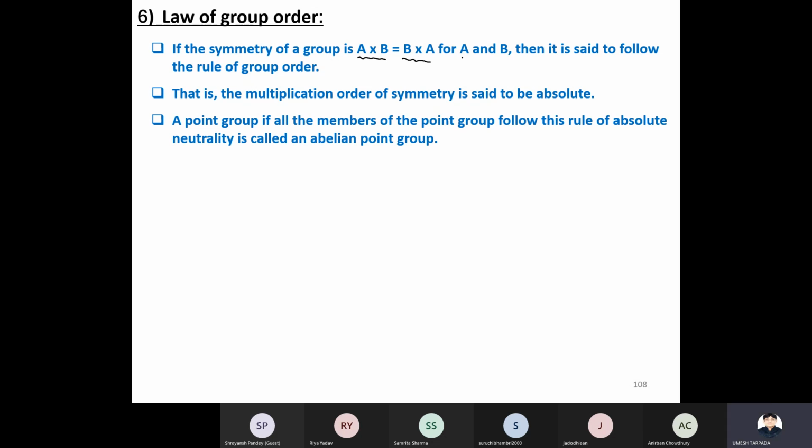If you change the order, the result may not change. The matrix rule is that multiplication in any order keeps the result the same. So it follows the group order law.